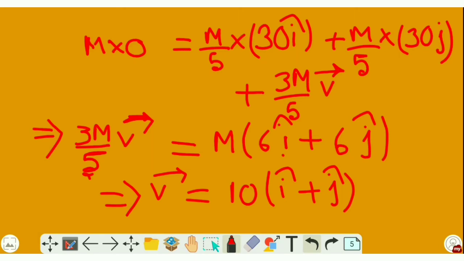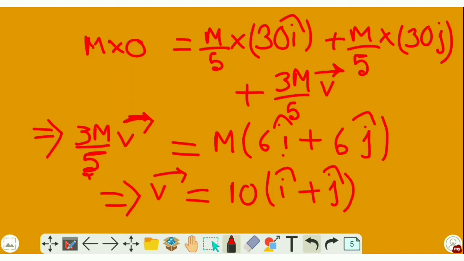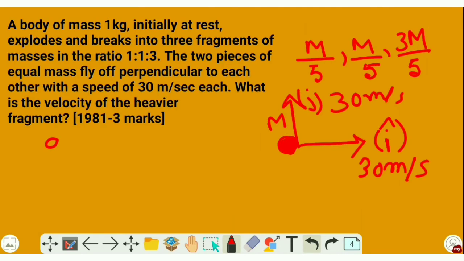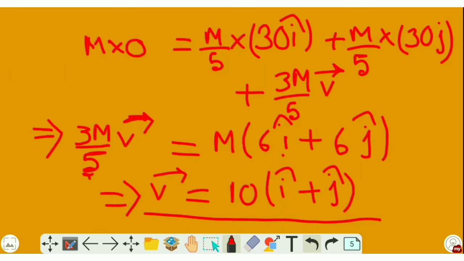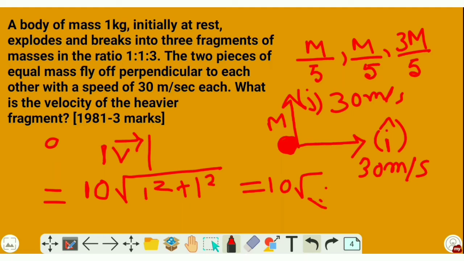If the question asks what is the velocity, then that is the velocity of the heavier block. If it was asked for the speed of the heavier block, then the magnitude of v vector is 10 root over 1 squared plus 1 squared, which is equal to 10 root 2 meters per second.